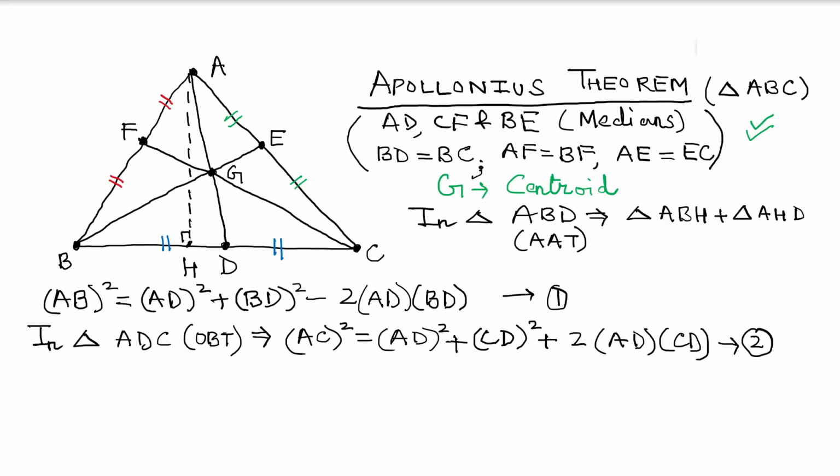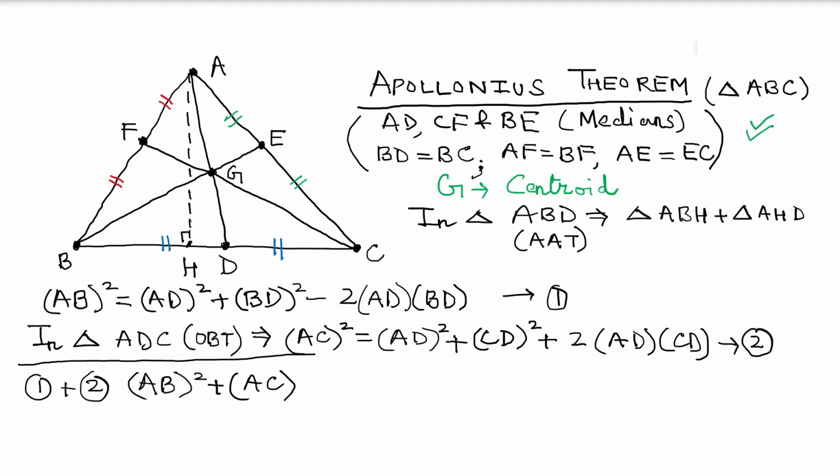Now can we use this as a lemma? Now we can use this and we can say that 1 plus 2 makes it AB whole square plus AC whole square can be written as twice of AD whole square plus CD or BD whole square.